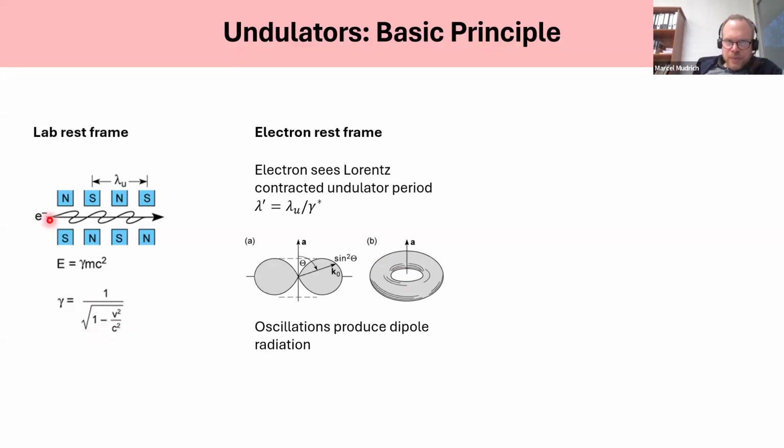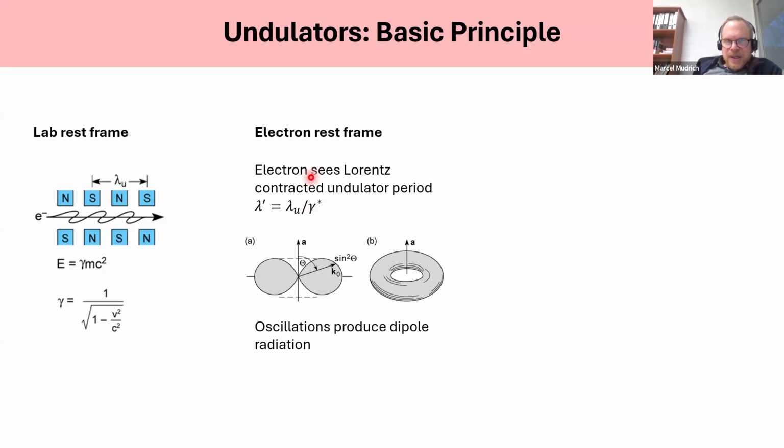And then we have to see what happens for the electrons in their rest frame. That is given by the Lorentz contraction, where the wavelength that the electrons see in their rest frame is the undulator wavelength divided by the relativistic gamma parameter, which we really have to figure out in a closer calculation.